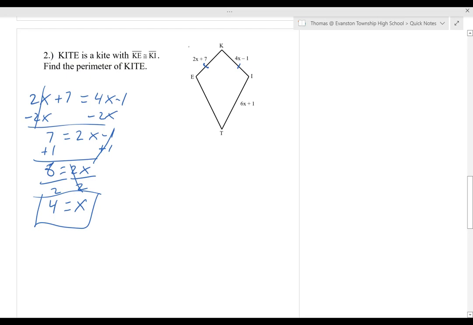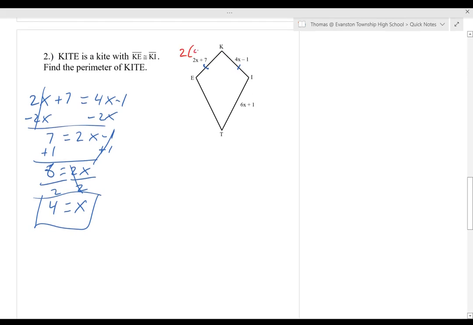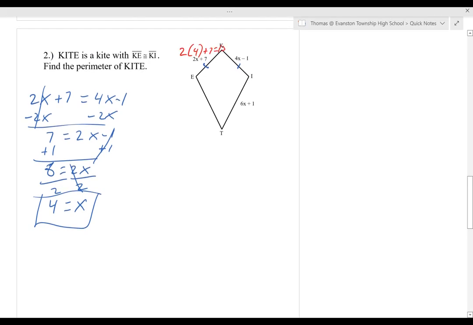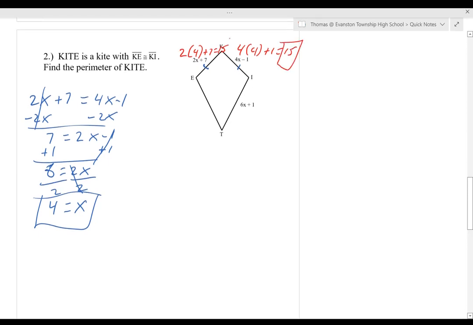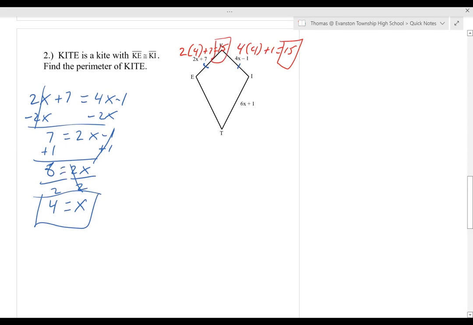And we can plug it in. So let's take 2 times 4 plus 7, 15. And 4 times 4 plus 1 is also 15. I can then also plug it into this side. 6 times 4 plus 1 equals 25.